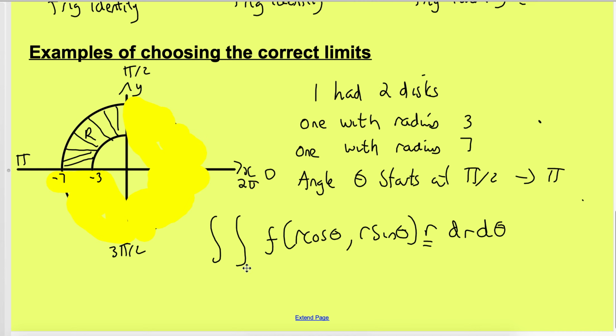So the bottom one has radius 3, the top one has radius 7. So that's me created that disc. And the angle starts at pi by 2 and finishes at pi. So that's r equals 7, r equals 3, theta equals pi, and theta equals pi by 2.